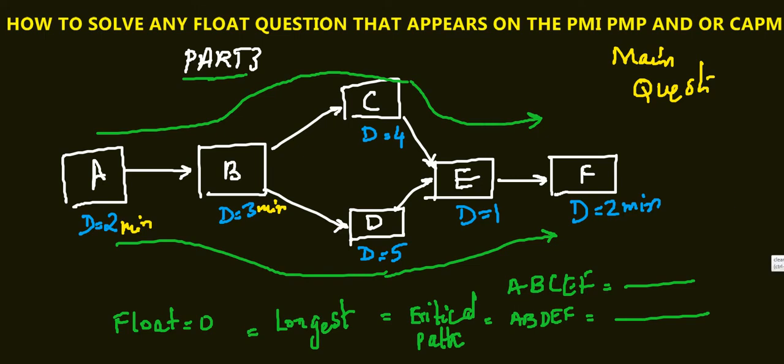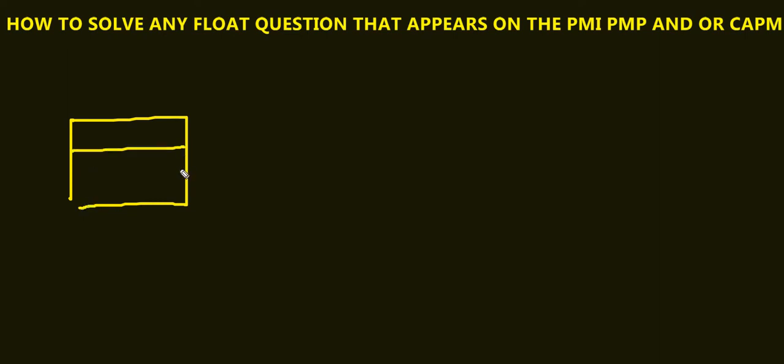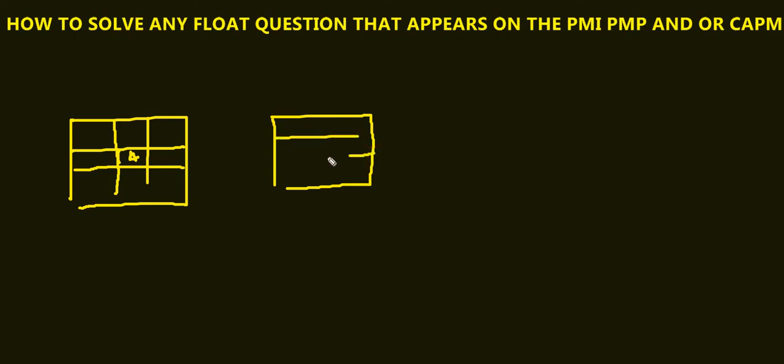Let me just clean everything. Okay, let's just take the basics from here. So this is, let's say, activity A. You shall call him activity A. Then we said activity B. Then we said activity... I'll just pause this video so it won't take lifelong just to complete this diagram.